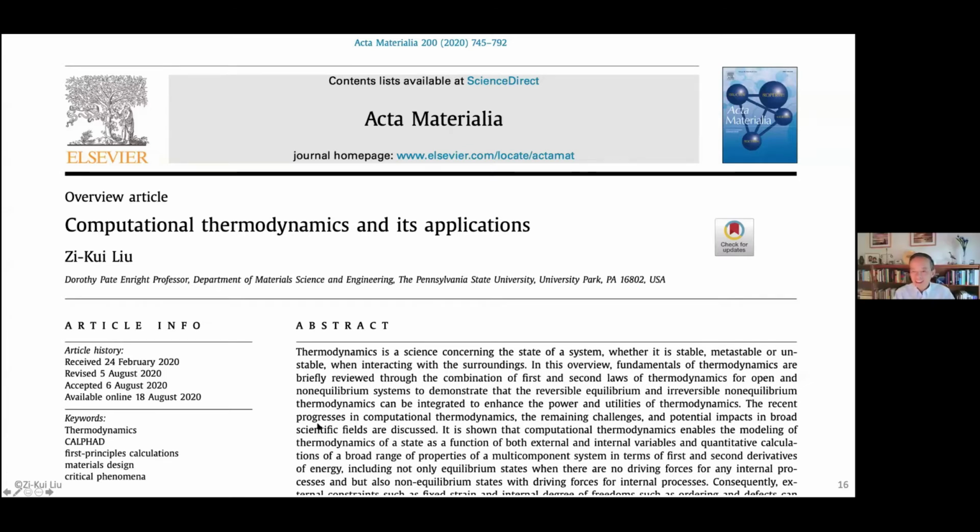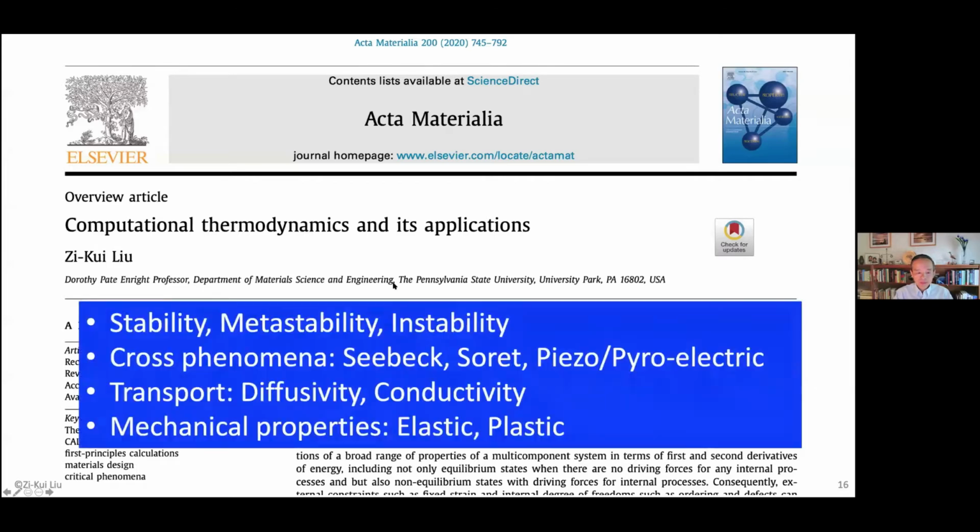Okay, great. Thank you. And I wrote an overview paper last year, 2020. It talks about thermodynamic stability, metastability, instability. Instability is very, very important. And it talks about cross phenomena, and different kinetic coefficients, transport properties, that's really kinetic coefficients, and mechanical properties.